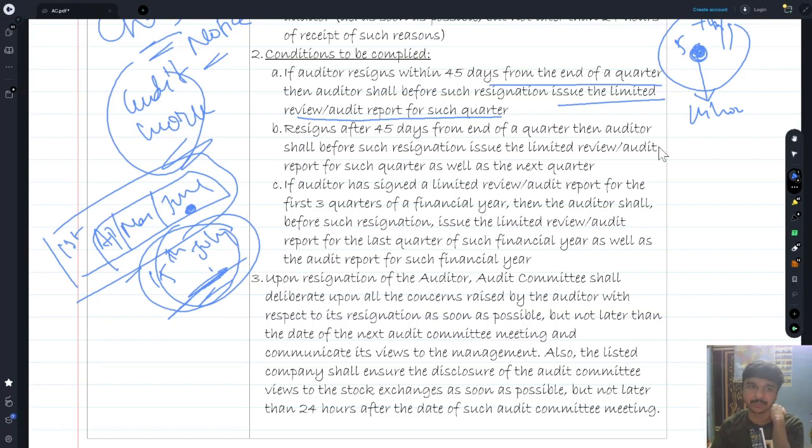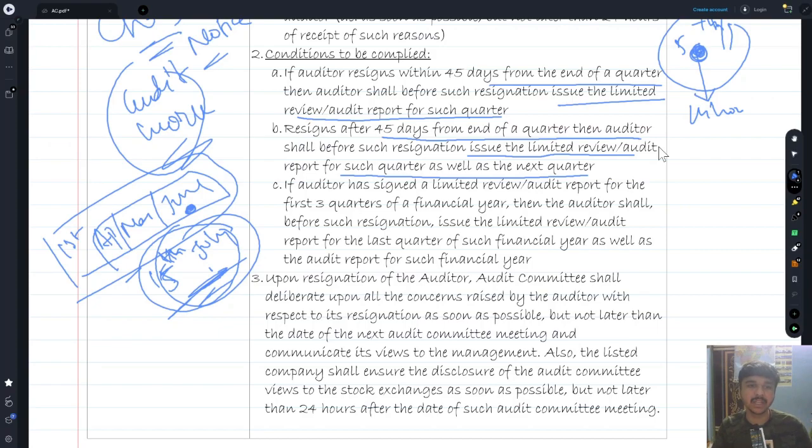What comes next? For example, he has resigned 45 days from the end of a quarter. Then the auditor shall, before such resignation, issue the limited review or audit report for such quarter as well as the next quarter. Okay, sorry, I made a mistake here while explaining. He has resigned before 15th of July. Okay, he has not taken a sufficient amount of time.